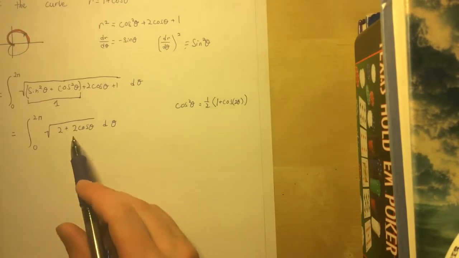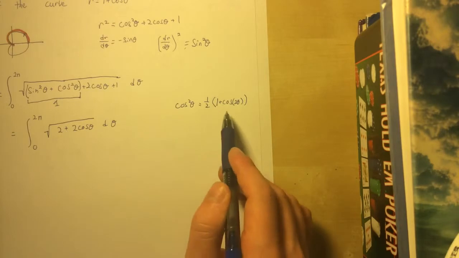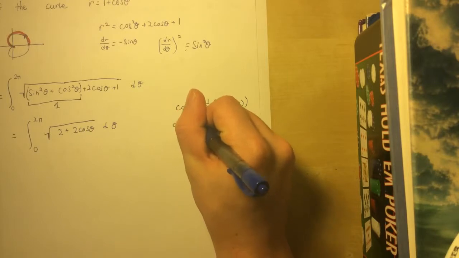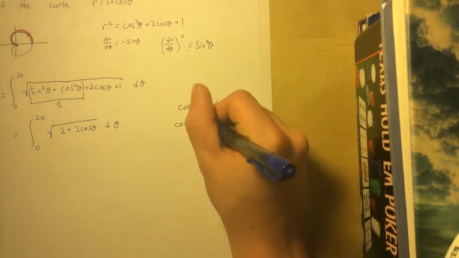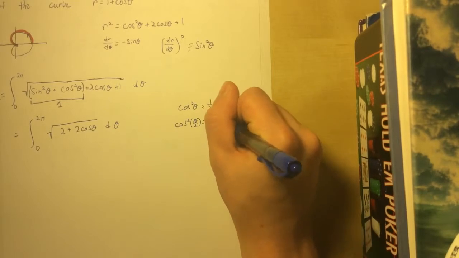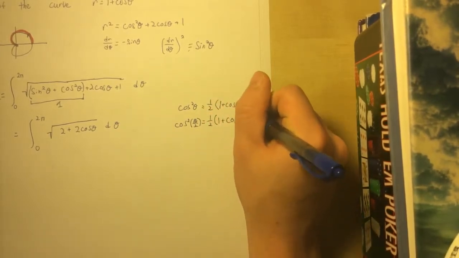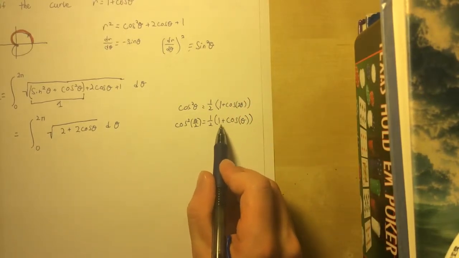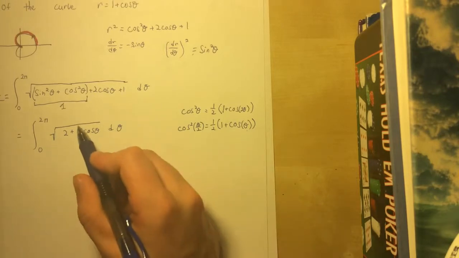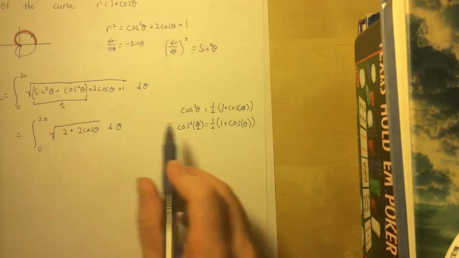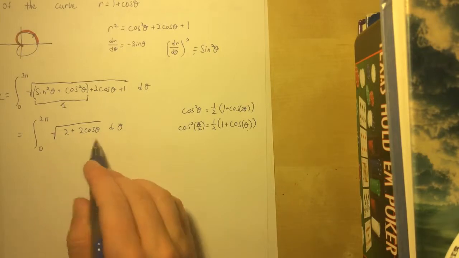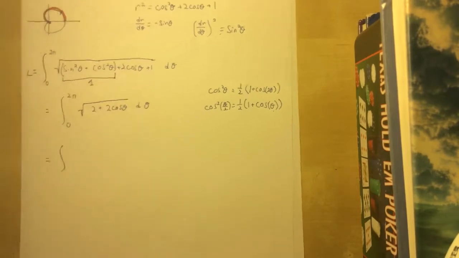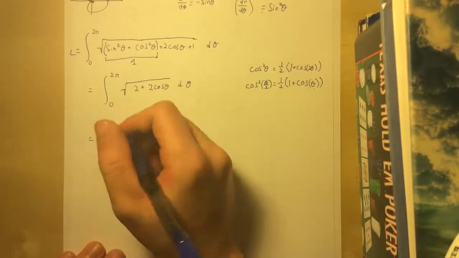And we have 2 plus 2 cosine theta, so we kind of have 1/2 of this. So instead of theta, we have cosine squared of theta over 2, because that's going to give us 1/2 times 1 plus cosine of 2 theta over 2, which is just theta. And we have 2 times 1 plus cosine theta, or 2 plus 2 times cosine theta, and you're going to have to tweak this equation to make it look like that.